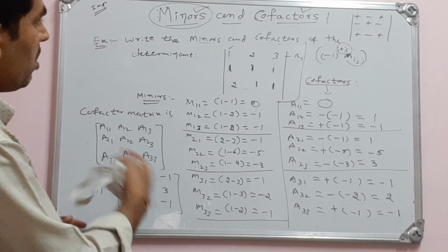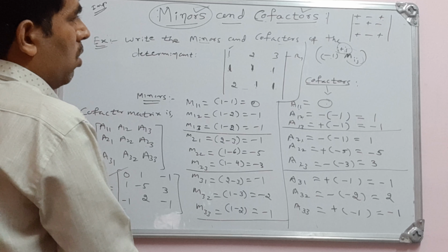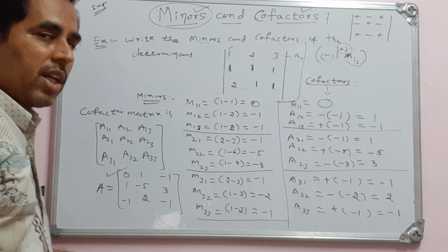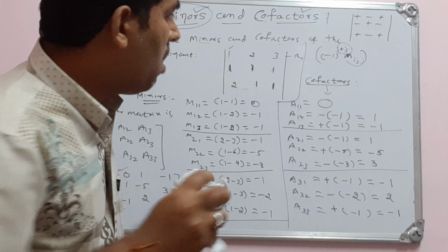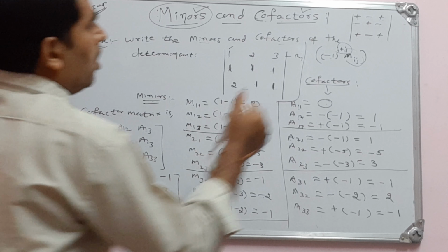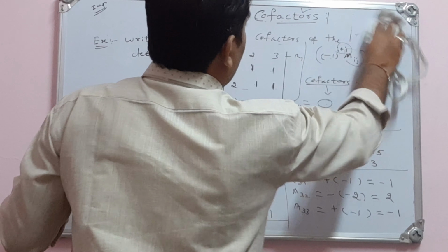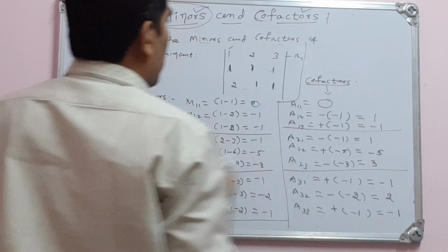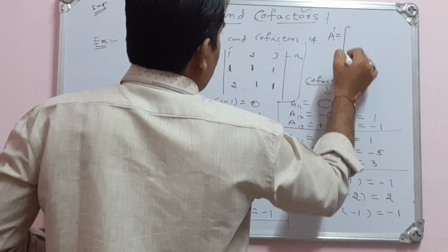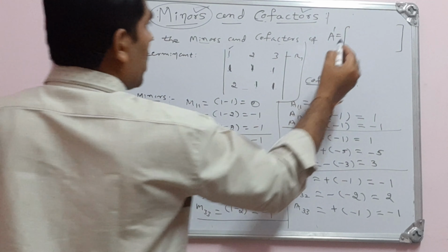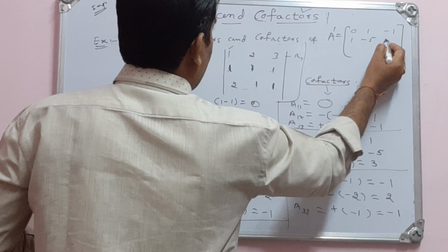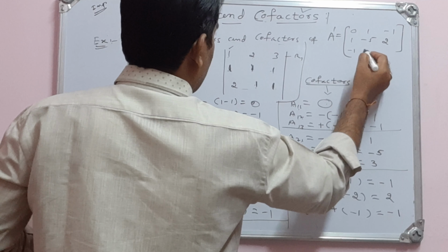If I take the transpose of this, transpose means rows and columns are interchanged. Then I will get another matrix. That matrix is called the adjoint of this cofactor matrix. Transposing A dash, I can interchange the rows and columns: 0, 1, minus 1, then 1, minus 5, 2, and then minus 1, 3, minus.